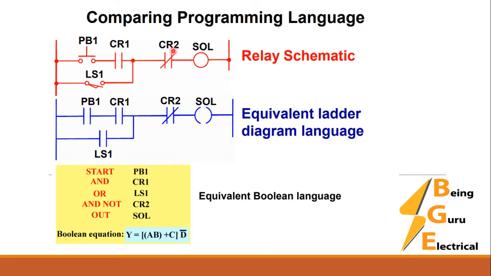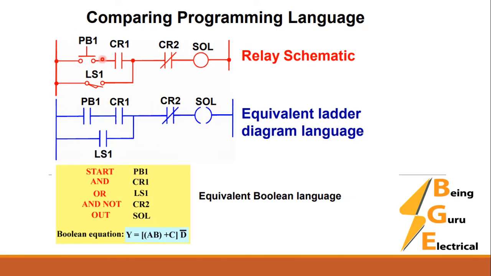This CR2 NC contact we will mention as CR2 NC, and the limit switch NO contact will be replaced by an LS1 NO contact. The output solenoid will be replaced by an output coil. So this is the equivalent ladder diagram to this relay schematic diagram, which is very easy.